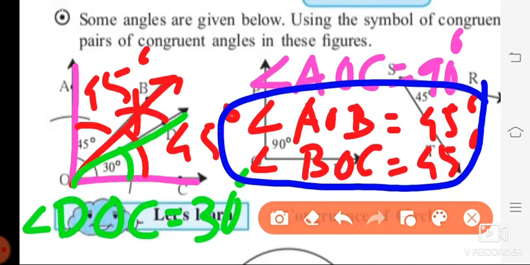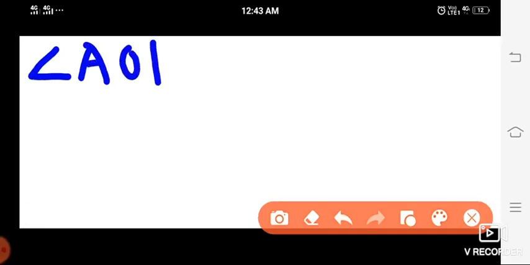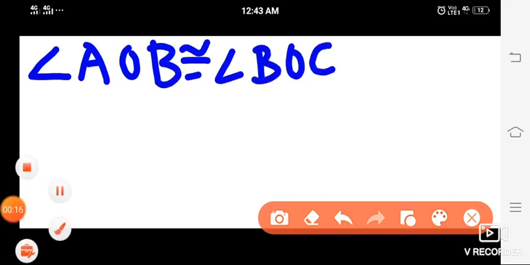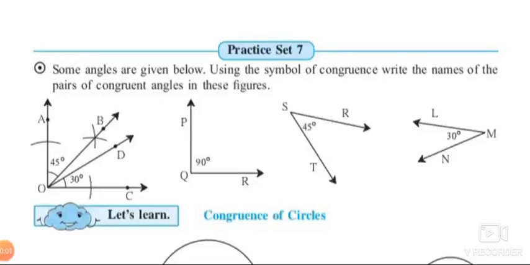Yes, because both of them have measurement 45 degrees. So now we will write, see. So the first pair of congruent angles, that is angle AOB congruent to angle BOC. Yes or no?